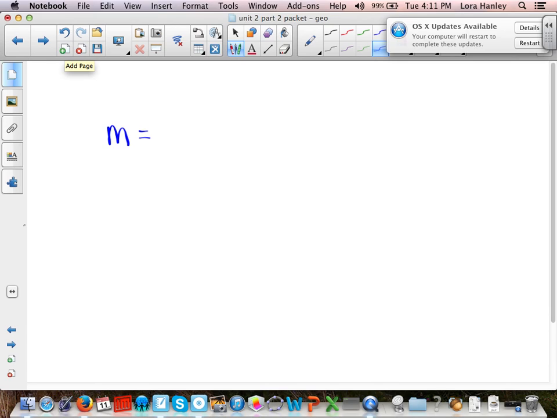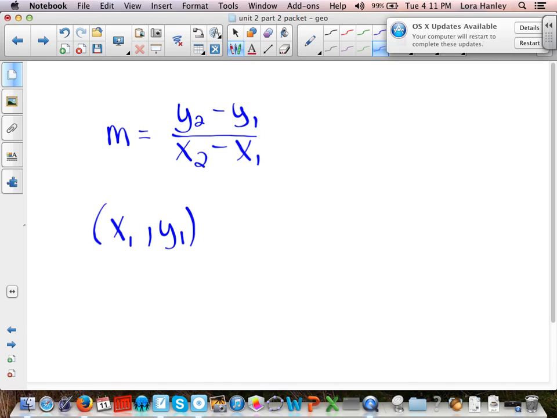We usually write that as y2 minus y1 divided by x2 minus x1. Just like distance and midpoint formula, your points will always be x1, y1, and x2, y2. So by substituting in points, you can find your slope.